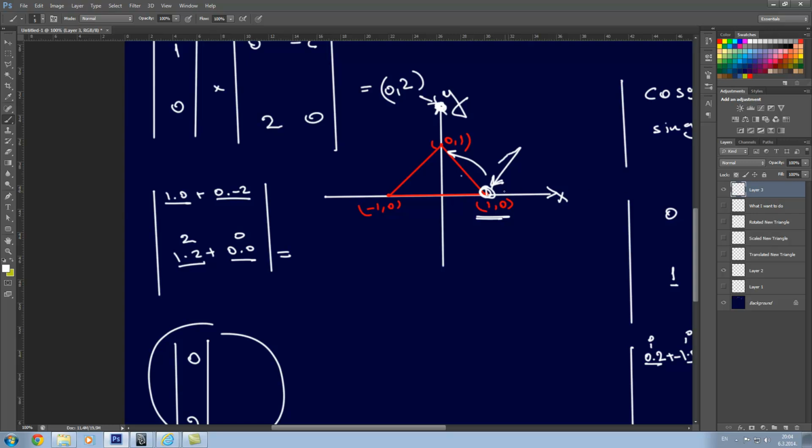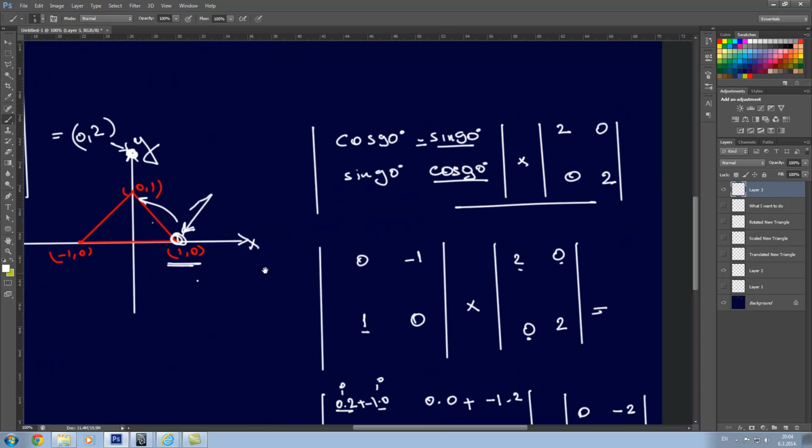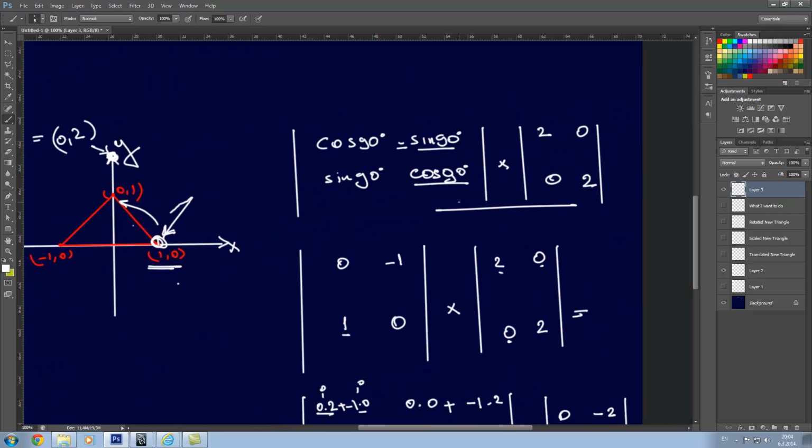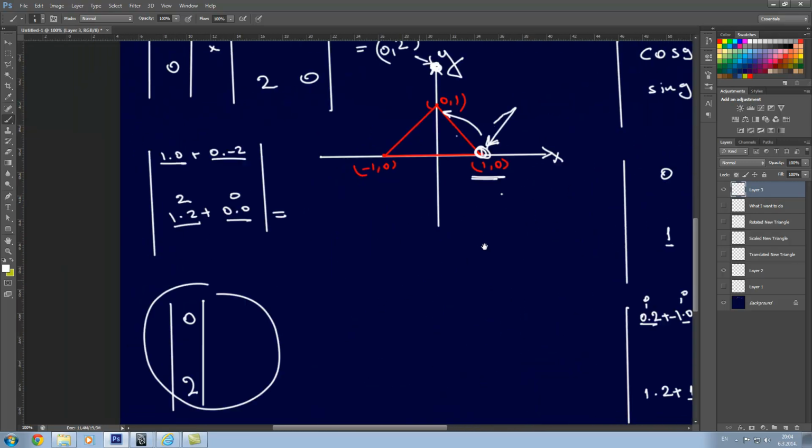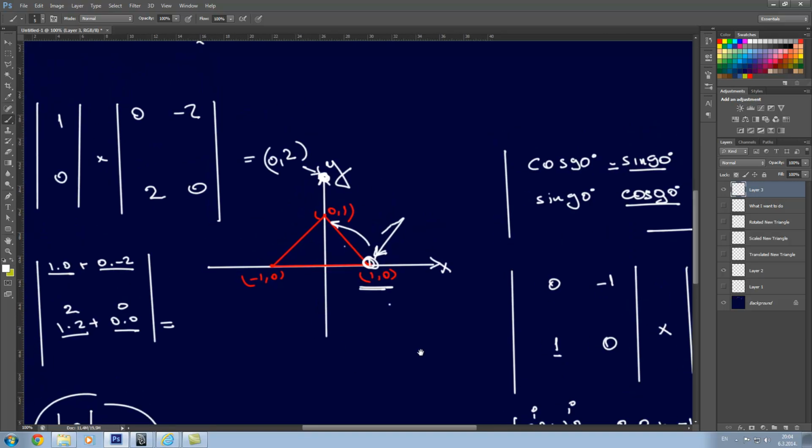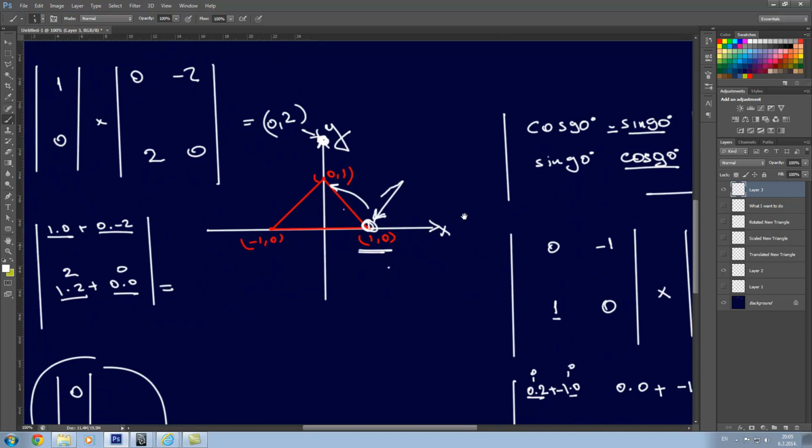In order to merge the matrix operations, you really need to multiply. However, with translations, you have to add, because translation is an additive operation by its nature. So right now we get into problems which we're going to talk about how to solve in the next lesson, hopefully. Okay.